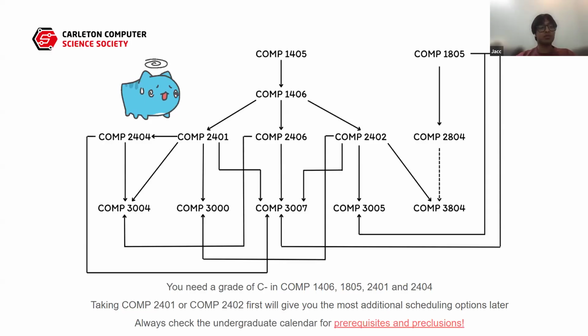So for example, you can see that Comp 2401 and 2402 are connected to most upper year courses, so it's good to get those ones done early. And pretty much everything is blocked by 1405 and 1406, so you definitely want to get those done in your first year. And you also need a minimum grade of C minus in a few of these courses, so any requirements like that will be mentioned in the undergraduate calendar.